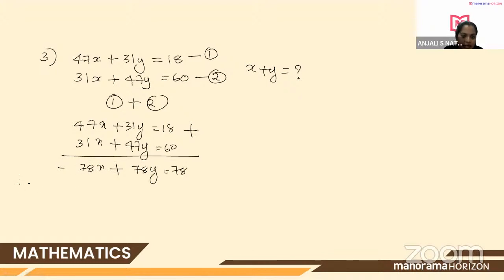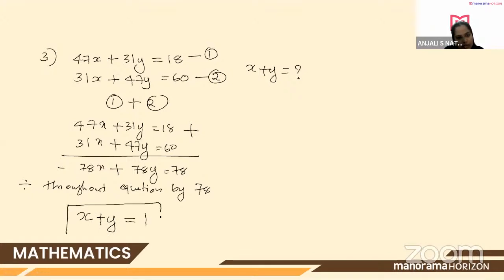So we can divide the whole equation by 78, and we get x plus y is equal to 1. So the answer is x plus y is equal to 1. Okay. Clear?